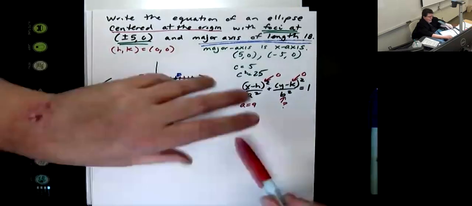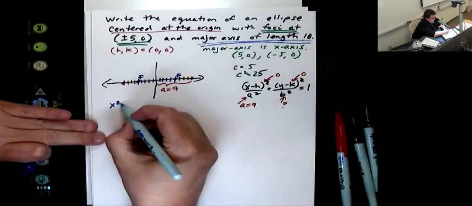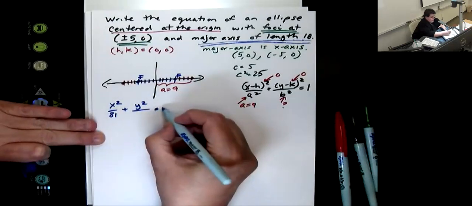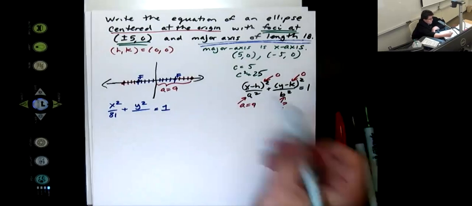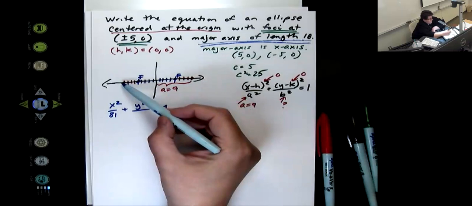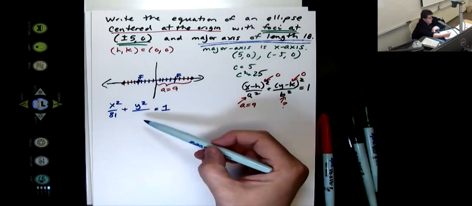Right now we are at x squared over 81 plus y squared over blank equals 1. Even if I plug in 9 or negative 9, which are both on the ellipse, this is going to give us a 1, this is going to give us a 0, and it doesn't tell us what B is.